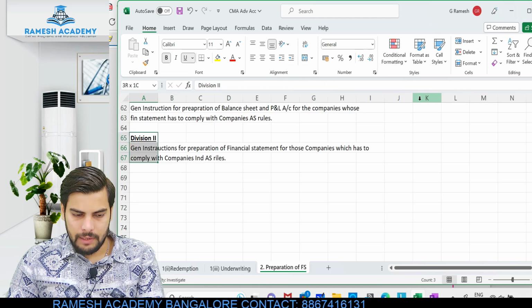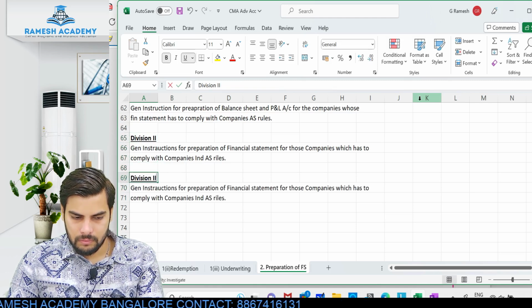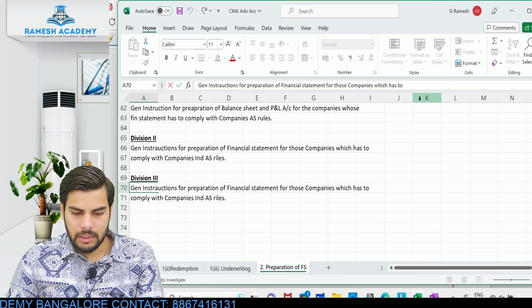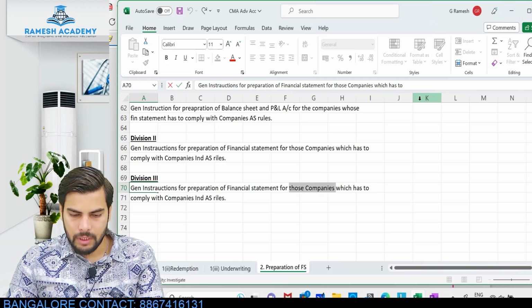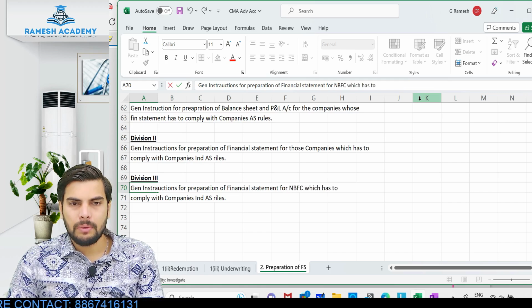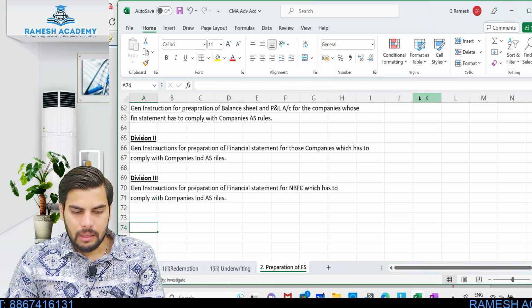So finally we have Division 3. General instructions for preparation of financial statements for NBFCs. What is an NBFC? A non-banking financial company which has to comply with the company's Indian accounting standard rules.